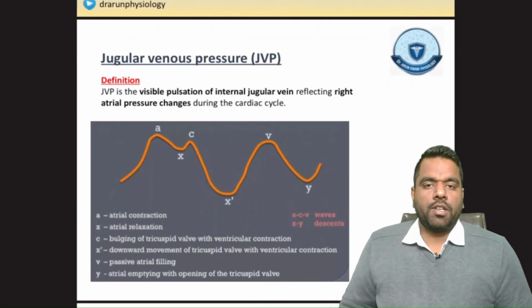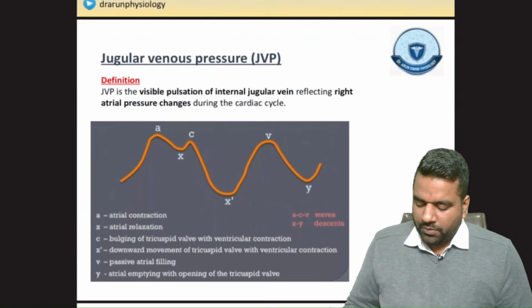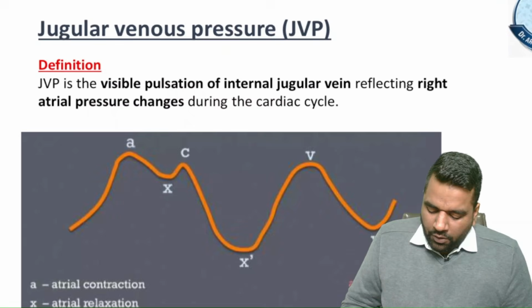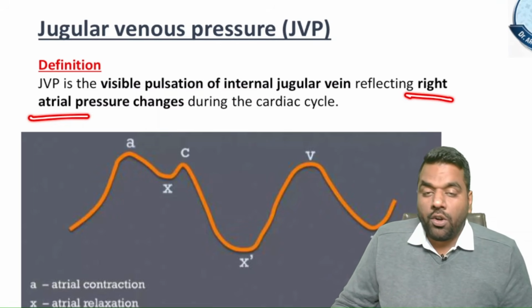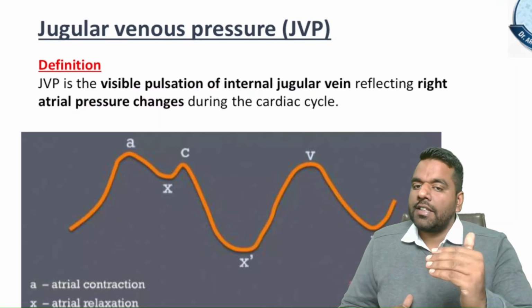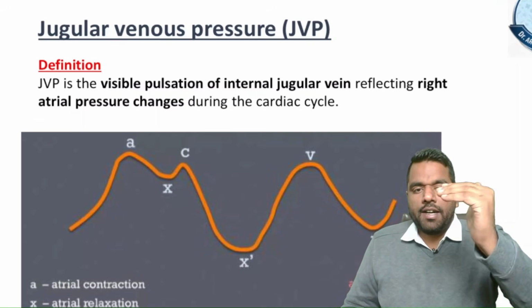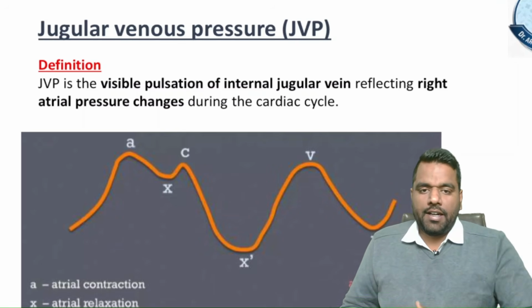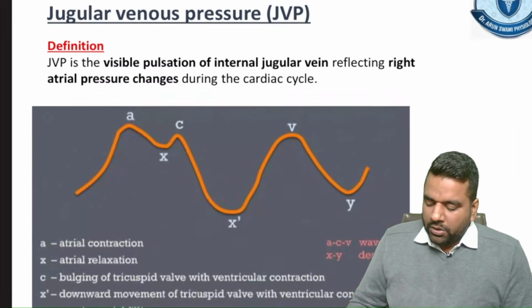Whenever we are talking about the JVP, the first thing you should know is that in JVP, we are actually checking the pressure of the right atria, atrial pressure. So in the cardiac cycle, whenever the right atrial pressure increases, the wave goes to the upside, and whenever the right atrial pressure decreases, there will be a descent in this graph.